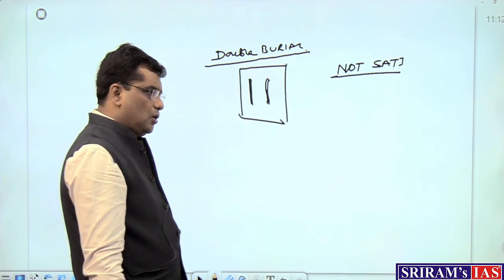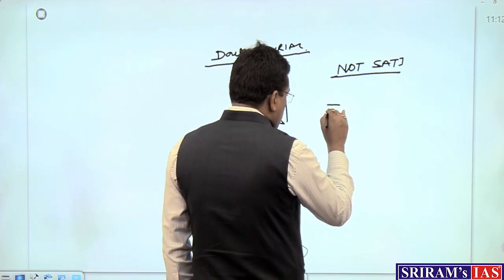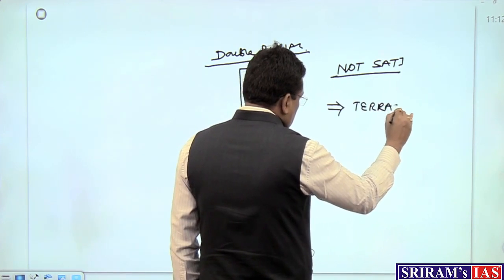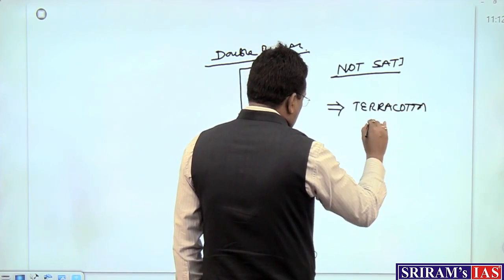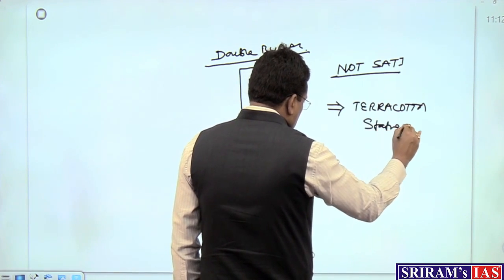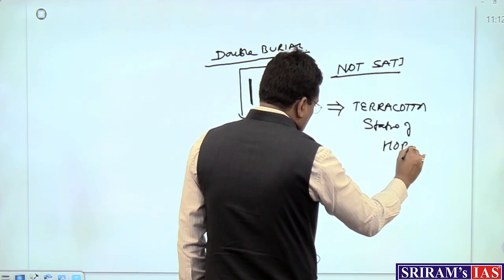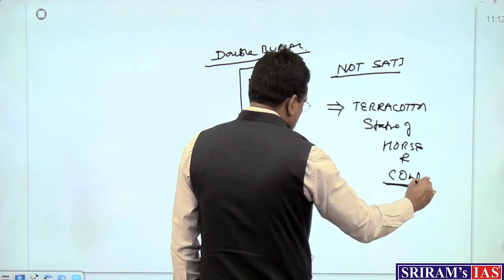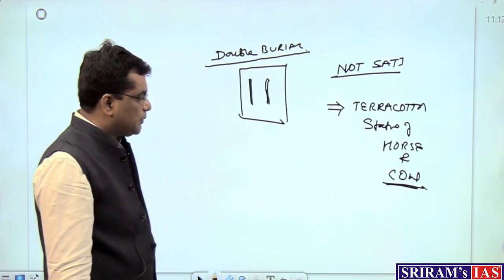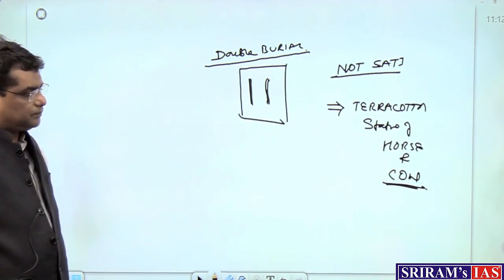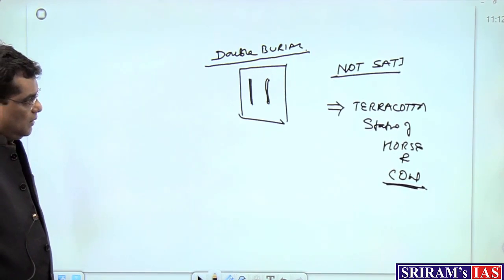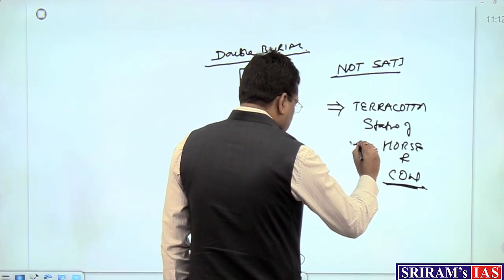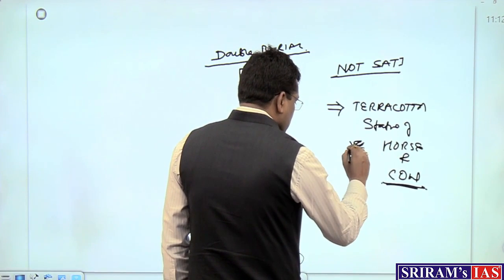Then Lothal is the only place where we have found a terracotta statue of a horse and cow. The evidence of the horse is always very doubtful, but here we have found that terracotta.